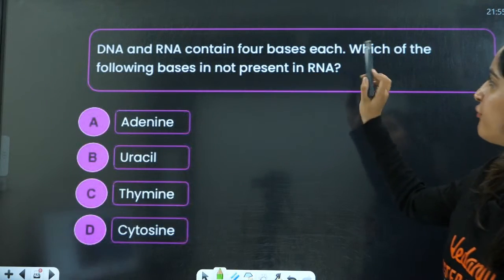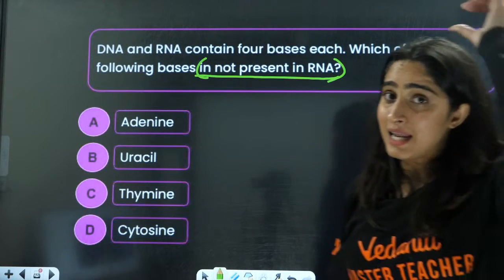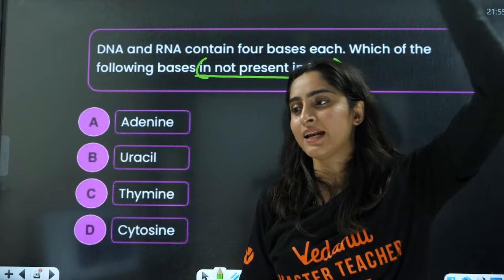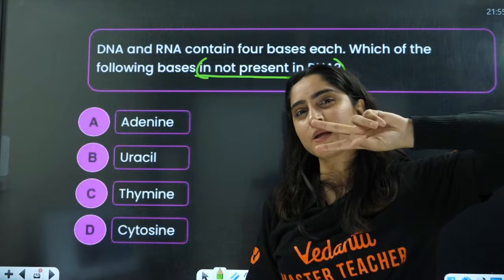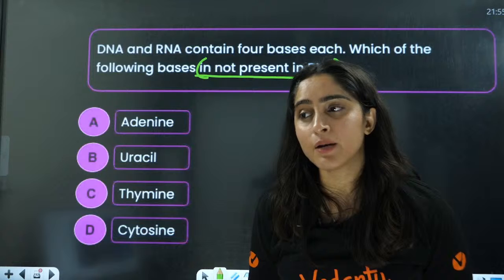DNA and RNA contain 4 bases each. Which of the following bases is not present in RNA? There is a replacement of one base here.